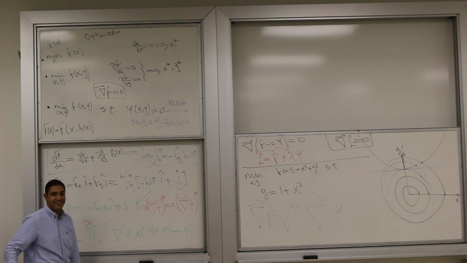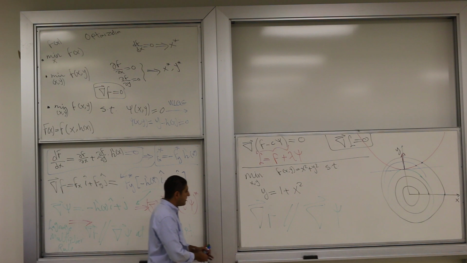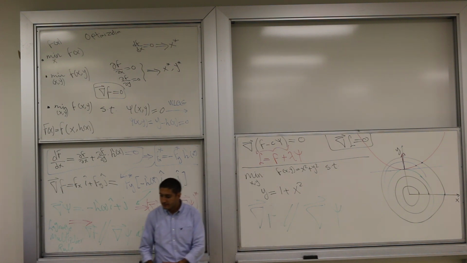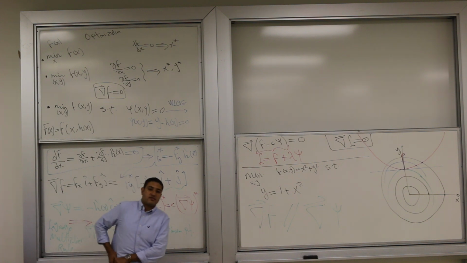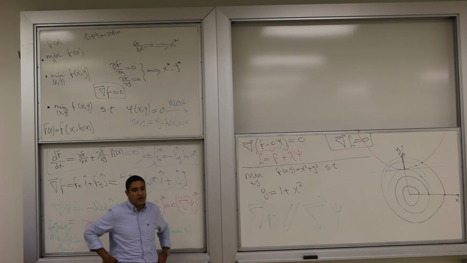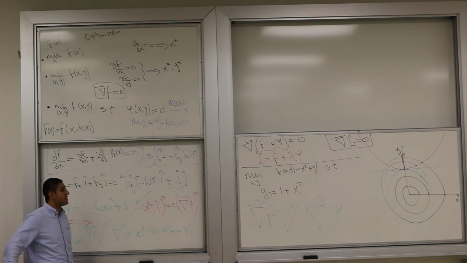There's nothing more except the technicalities, because of inequality constraints. So far we have been dealing with equality constraints, like y equals h of x, or psi of x and y equal to 0, not less than or equal to 0. You know how we do inequality constraints?